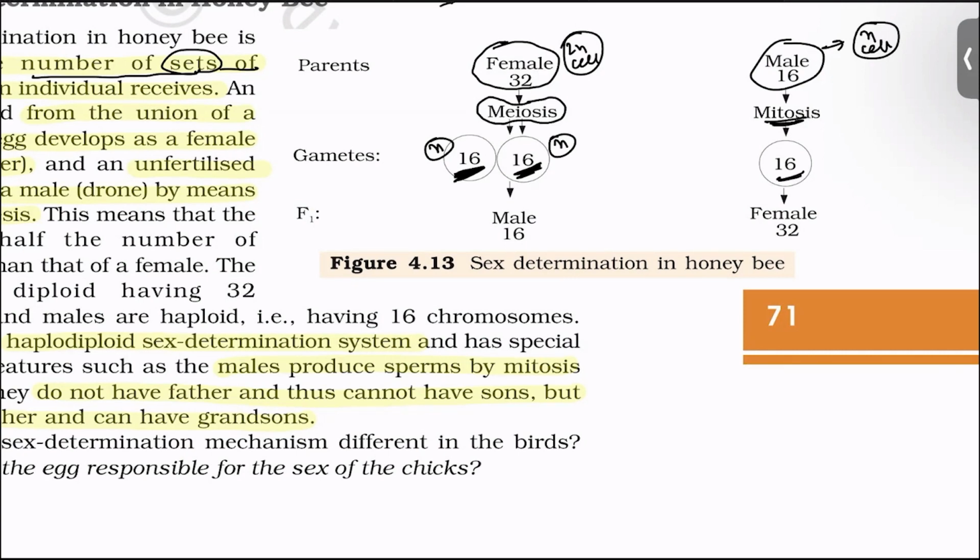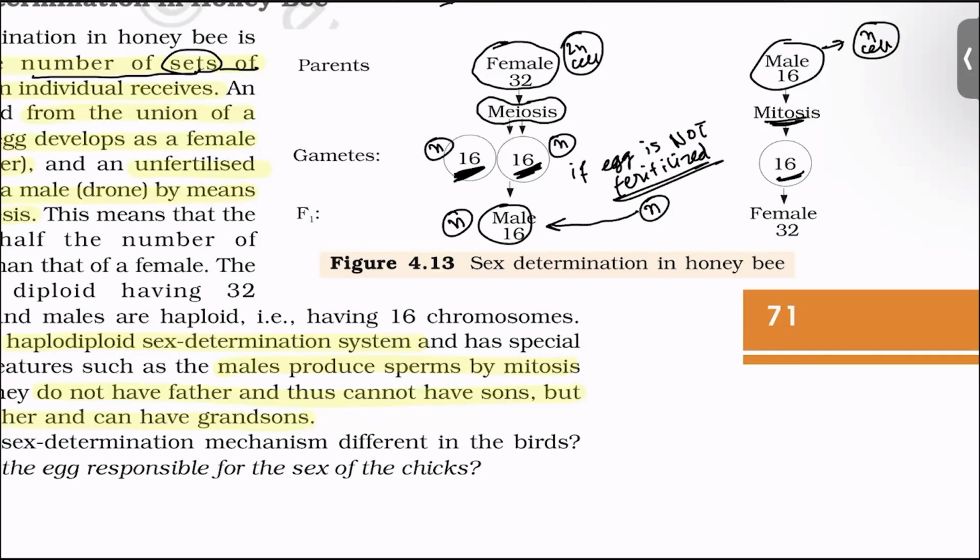Now if the egg is not fertilized, then it will remain haploid, and it will further develop into a male, and that's why males are haploid in case of honeybees.